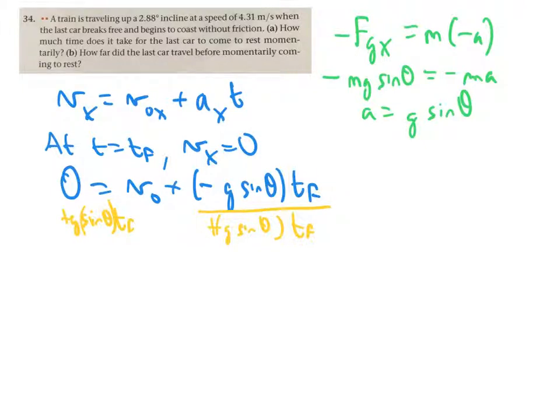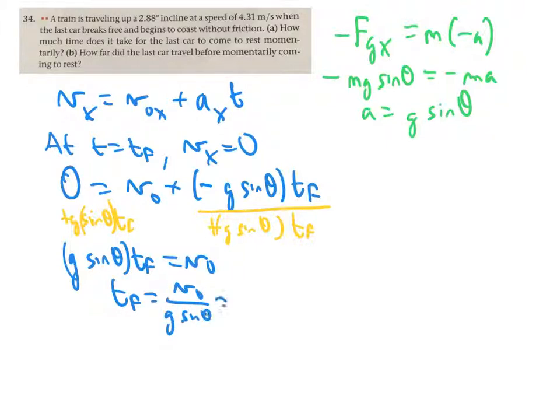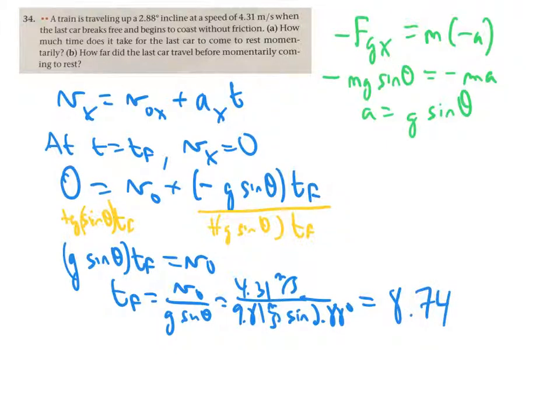And that leaves us with g sine theta TF equals V0, or TF equals V0 over g sine theta, or 4.31 meters per second over 9.81 meters per second square, sine of 2.88 degrees. Our units work out nicely because meters per second over meters per second squared is certainly seconds. And we get 8.74 seconds.